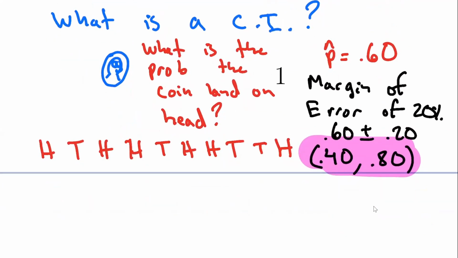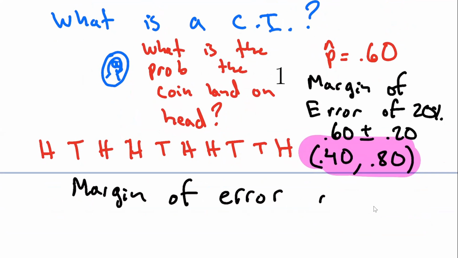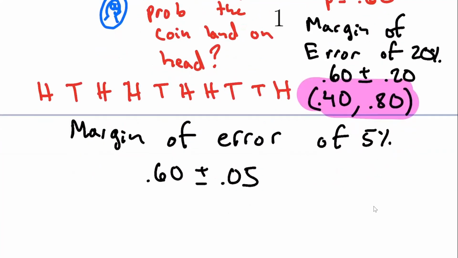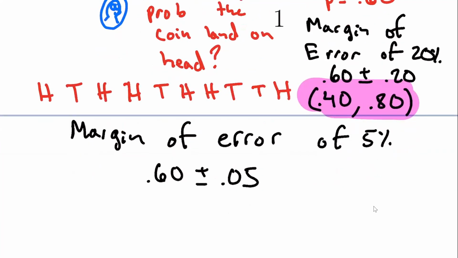But what would have happened if we had used a margin of error of 5%? We would have said 0.60 plus or minus 0.05, which gives you 0.55 all the way to 0.65.